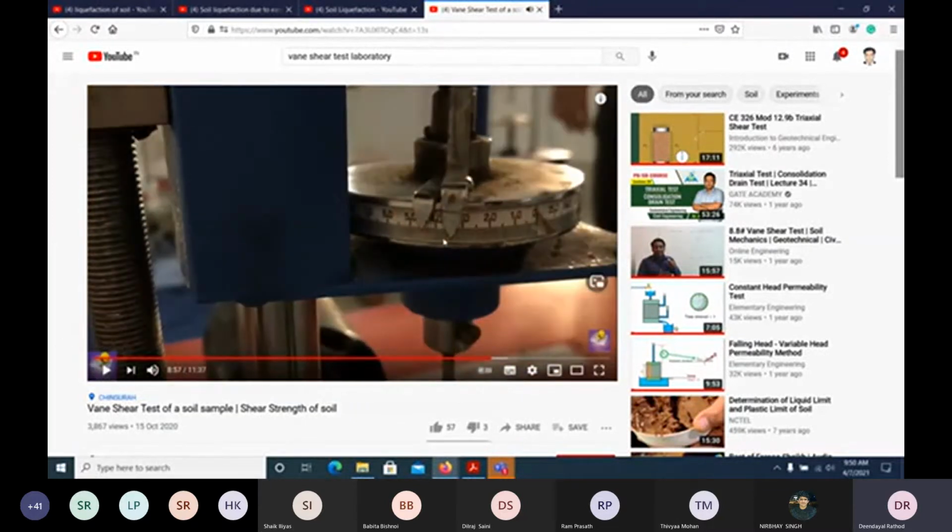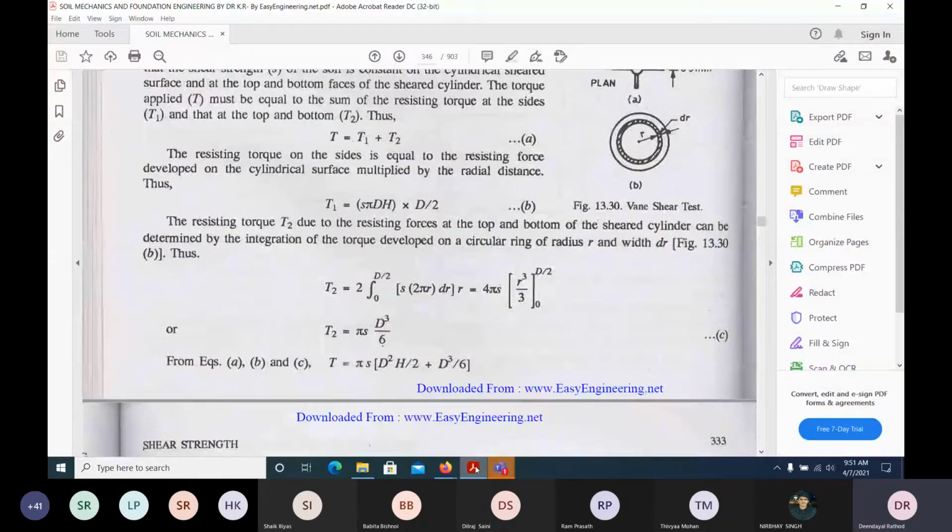So that is the procedure. This is designed in such a way that we can easily find out when the soil fails. Okay, so this is all about the vane shear test. Anyway, you'll do it in the geotechnical laboratory. You have to prepare a soil sample, and the only thing is we are applying a torque, that you should remember, and we are finding where the soil fails.